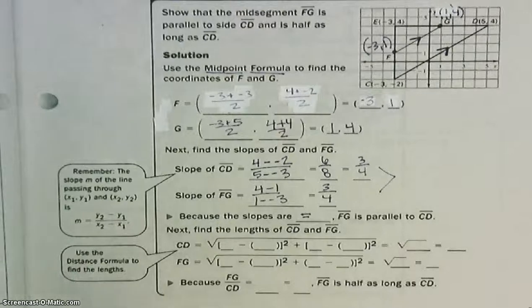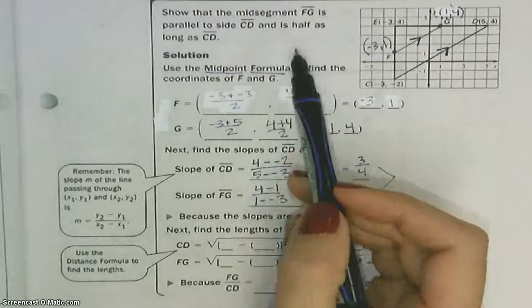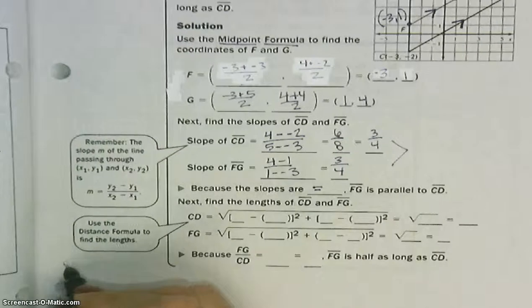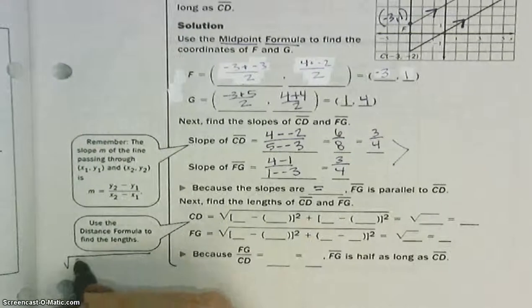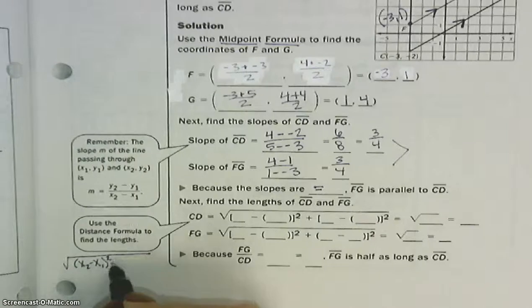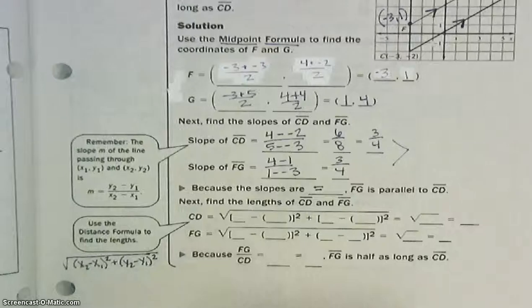Now they want us to show that the length is half. In order to show length, we have to use the distance formula. We've used the distance formula now for 5 chapters, but here it is, just in case. I'm going to do it off to the side because I like to shortcut it.